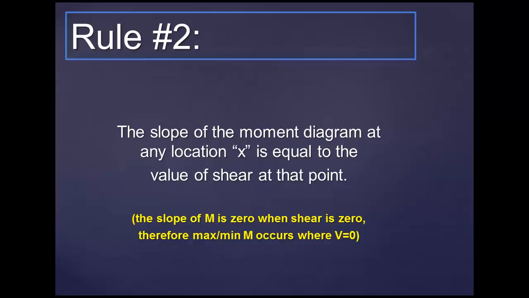The slope of the moment diagram at any location along the length of a beam is equal to the value of shear at that point. That helps us find the maximum moment in a beam because the slope of the moment is 0 when the shear is 0. Therefore, the maximum or minimum moment occurs where the shear is 0.